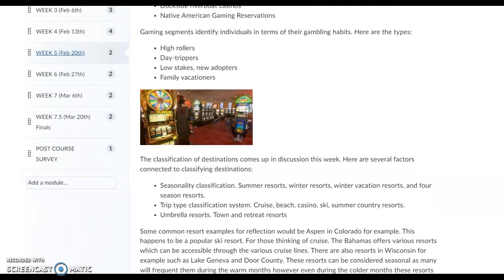And then we get into talking about the casinos. We talk about how casinos are considered to be destinations. I can tell you this, staying here within the state of Wisconsin, we have various casinos.